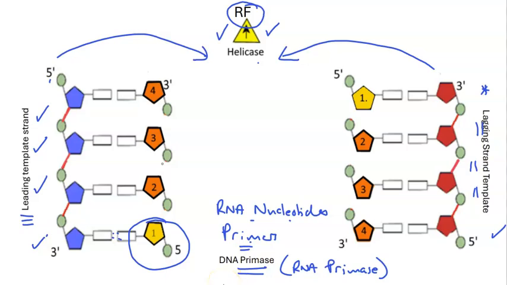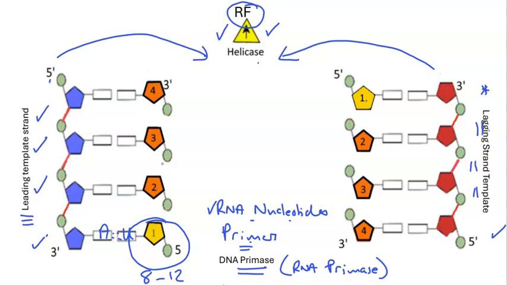Now, in my model, I only have 4 pairs of nucleotides. In the real situation, the number of RNA nucleotides added to the beginning is somewhere between 8 and 12 base pairs. So here I've just represented that with a single one. Now this has consequences. For instance, if our leading strand begins with adenine, then the complementary base pair here would be uracil and not thymine.